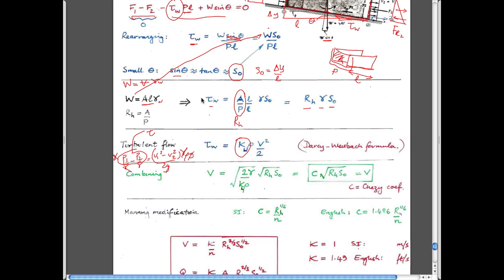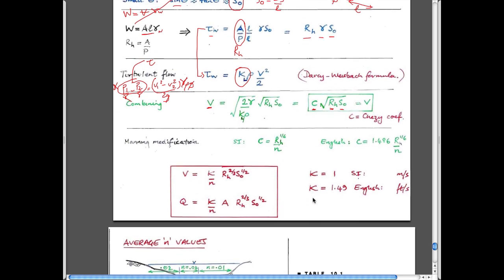But the bottom line is, if you equate this and this to each other, you end up with this relationship here, which allows you to get the velocity as a function of a bunch of parameters. If we don't worry about what this term is, but treat it as a constant, then we can define the flow velocity in our open channel as a function of some coefficient times the square root of the hydraulic radius and the slope of the bottom of the channel.